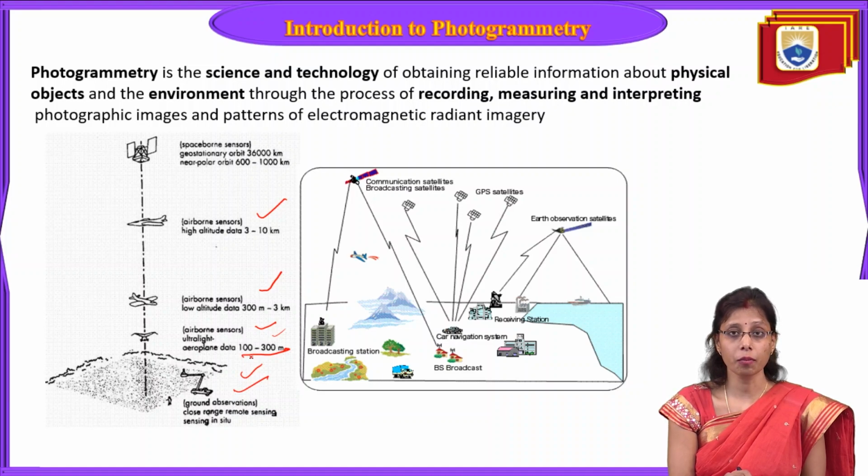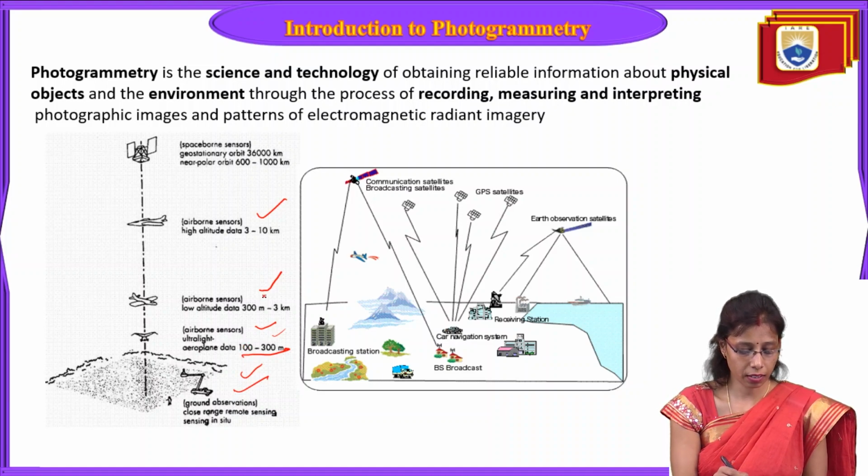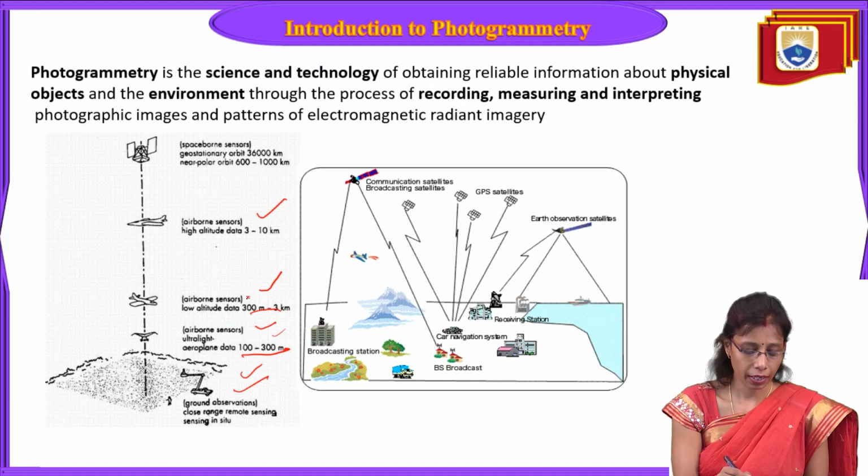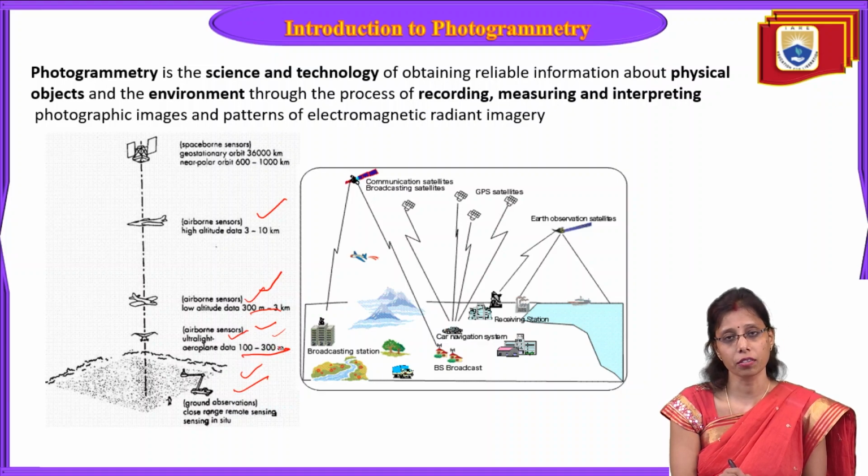When we move to the next step, we have 300 meters to 3 kilometers. This airborne sensor, like the aeroplanes, captures the information with the help of a camera. The clarity will not be as good here, but in the previous case the clarity is more because it is taken from a shorter distance, that is 100 to 300 meters.